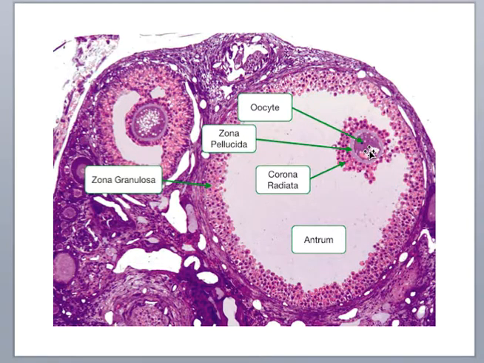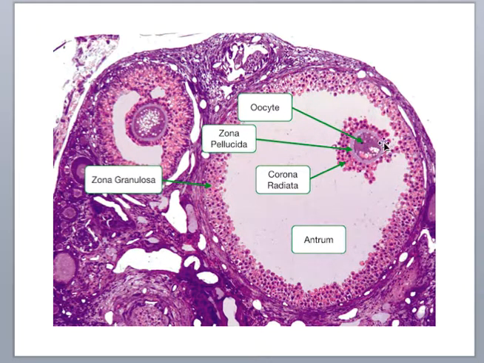So the sperm cells not only have to get through the zona pellucida, but they have to get through the corona radiata as well. That's why you have to have billions of sperm at ejaculation, because we need lots of sperm to help one get through these several layers so that one can ultimately fertilize the oocyte.